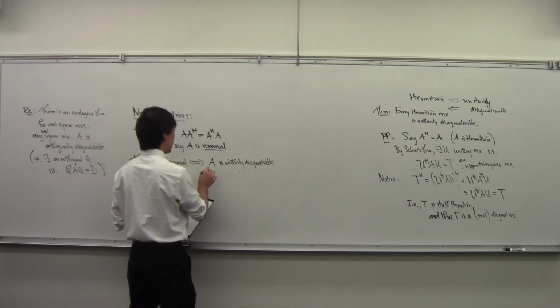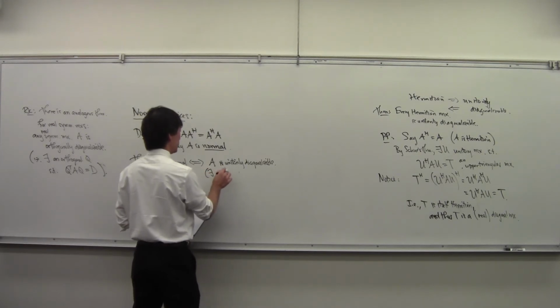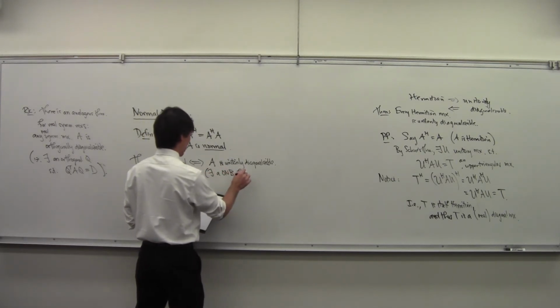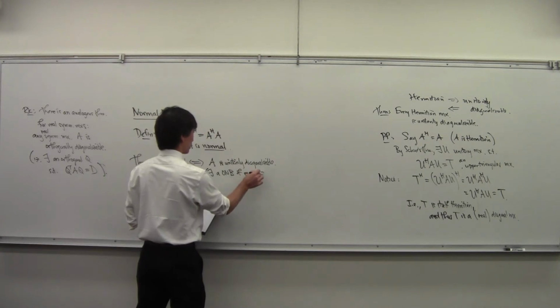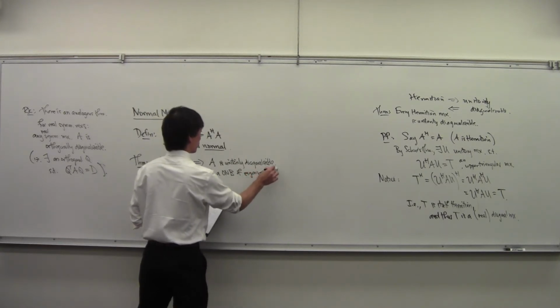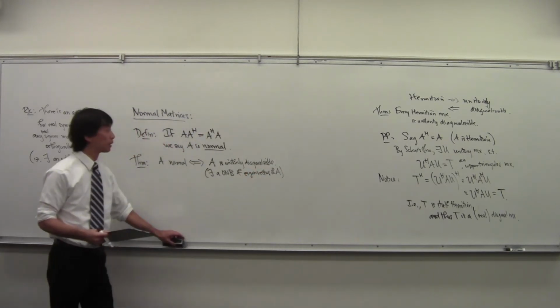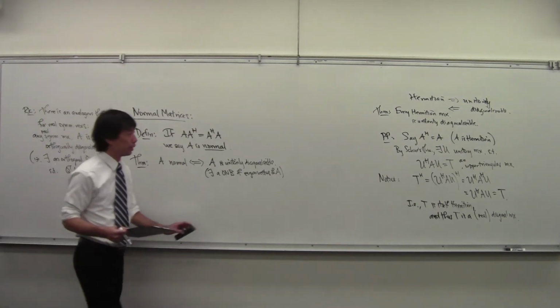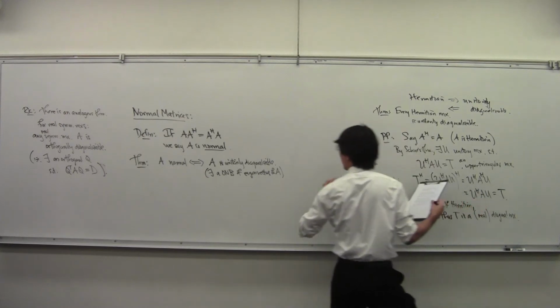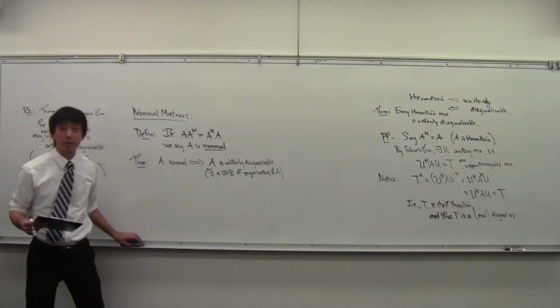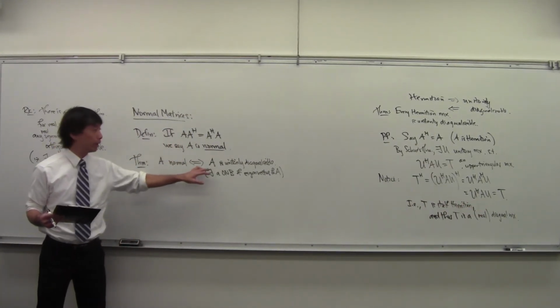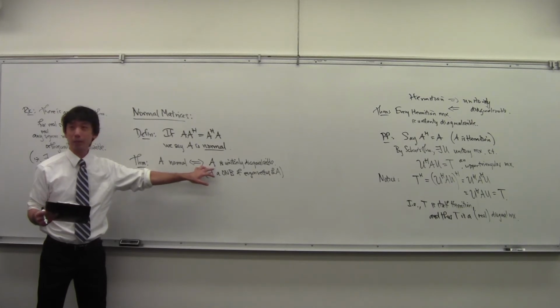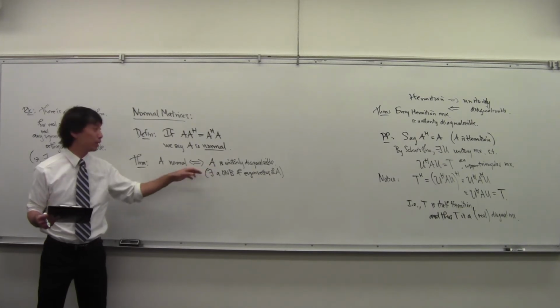In other words, there exists an orthonormal basis of eigenvectors. We'll be able to understand exactly what it means to be unitarily diagonalizable.